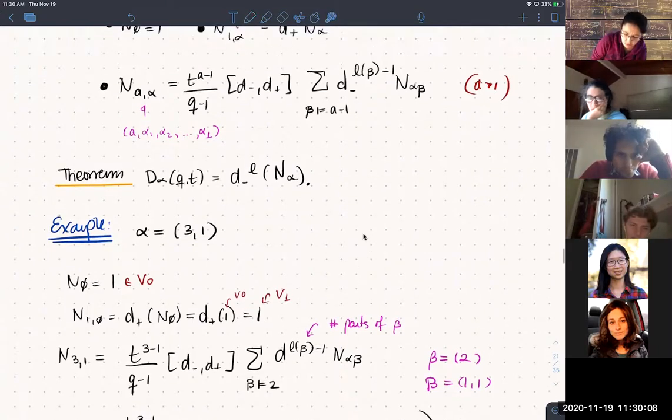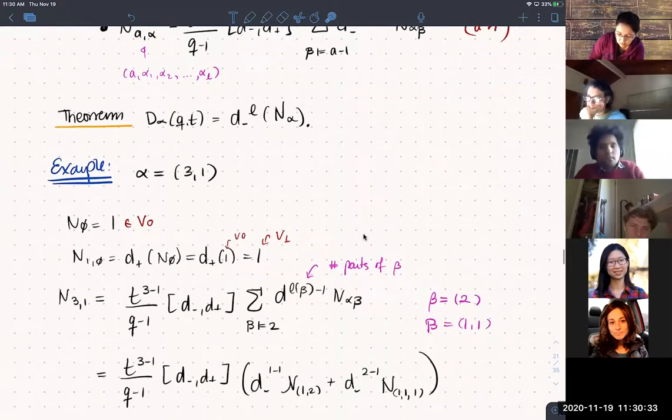So 3, 1, we want to use this formula. Here we want the alpha to be 1 now, and the a to be 3. So we just apply it, right? So this is this, then the commutator. And then we want to sum over all compositions beta such that beta is a composition of 2.